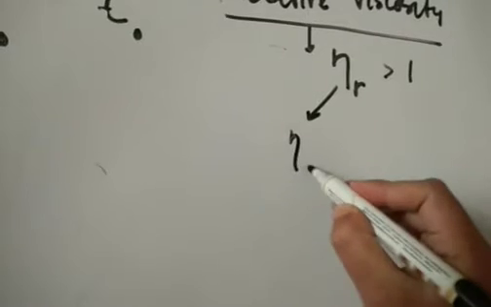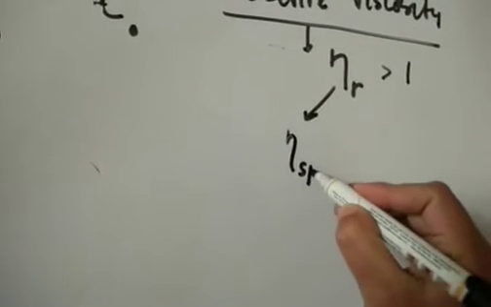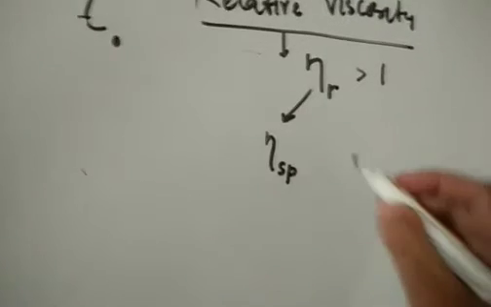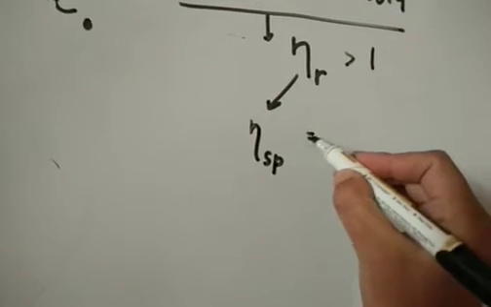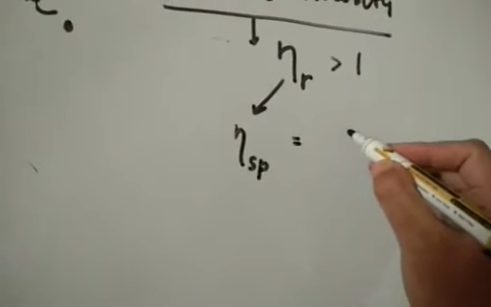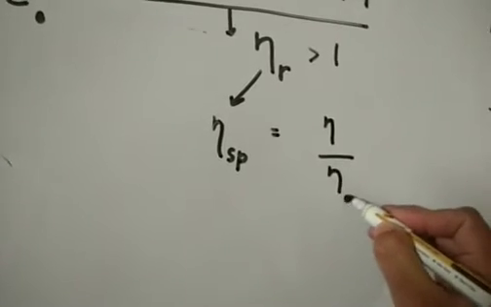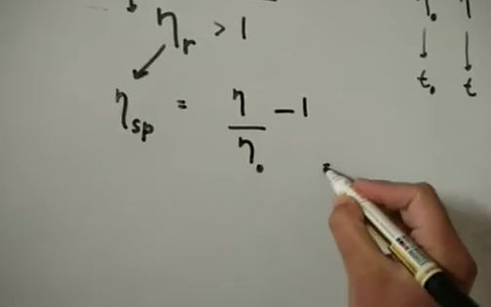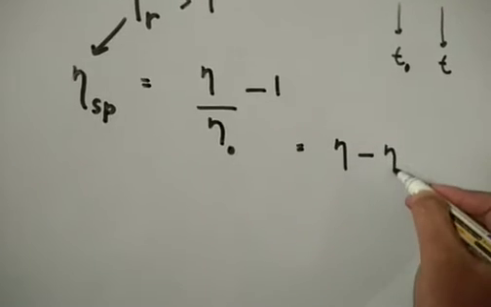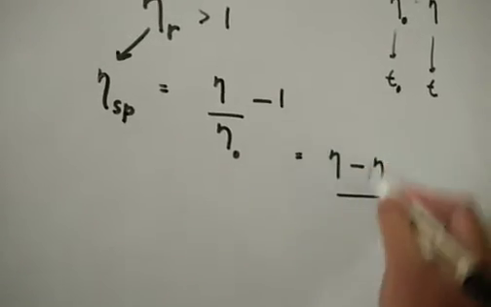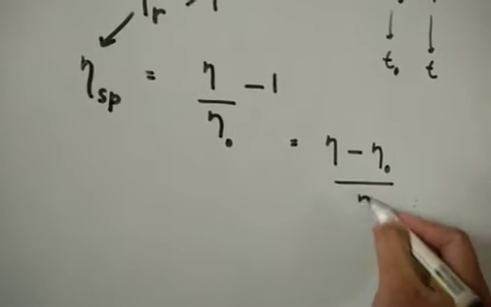So we convert relative viscosity into specific viscosity. What is that specific viscosity? It is basically the relative viscosity term minus 1. We can also write it as eta minus eta 0 by eta 0.